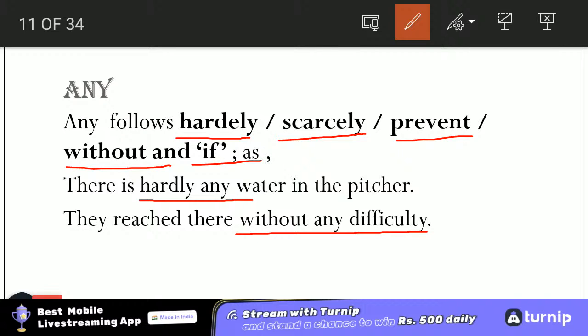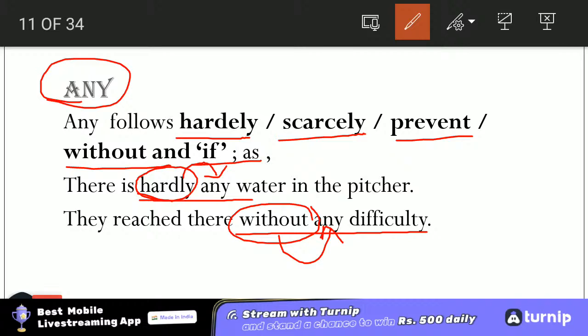So after the words without, hardly, after these words we write what? We write any. For example, if you need any money, I will help you. Okay? So you need to remember the words.